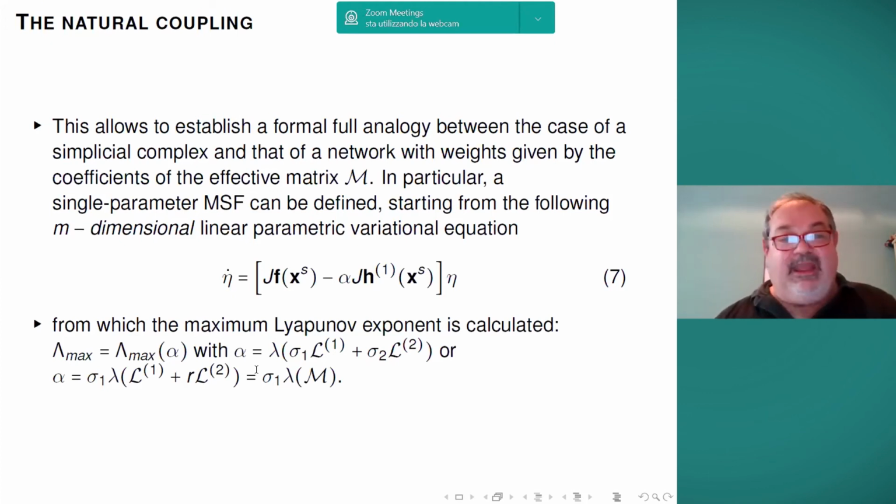Okay? Now you see the only difference is that this projection has been done neither with the original Laplacian nor with the three-body Laplacian, but with an effective combination of them.